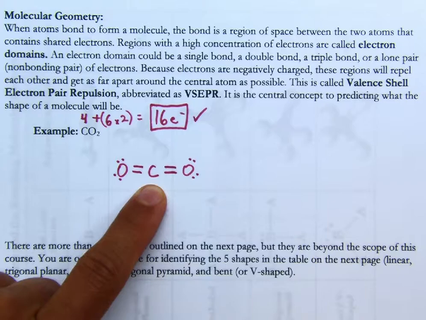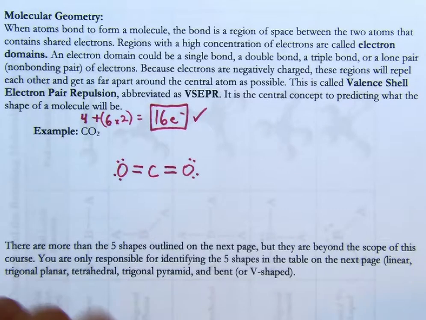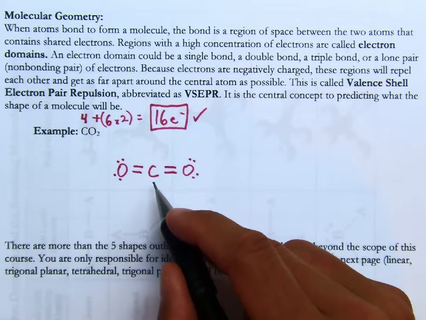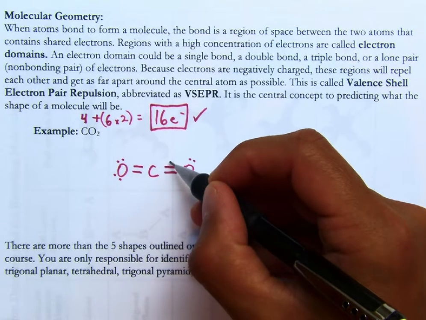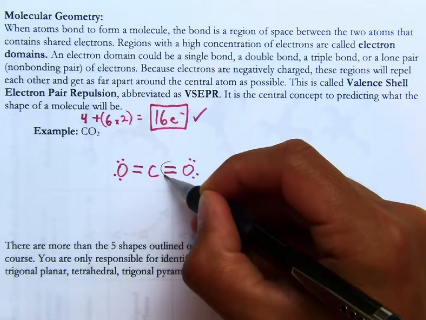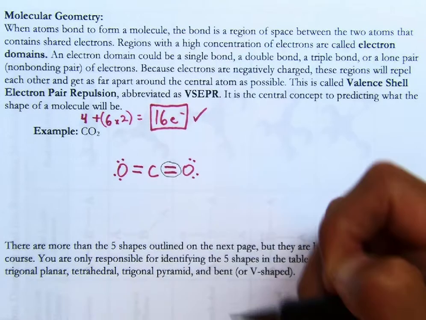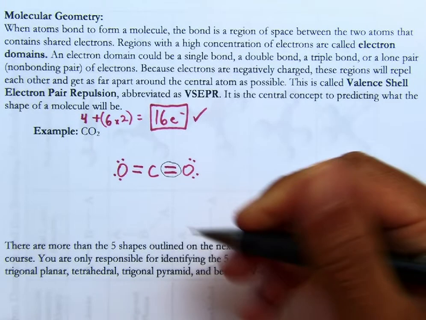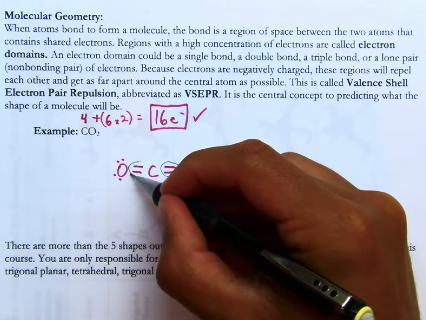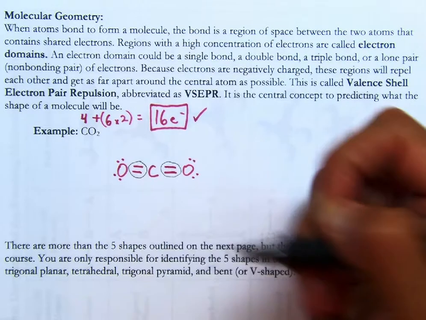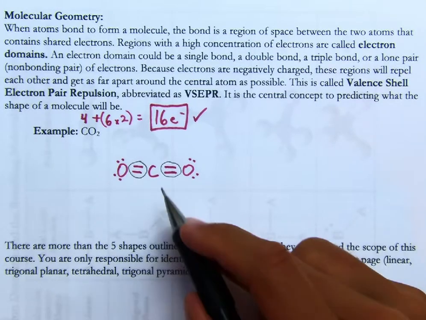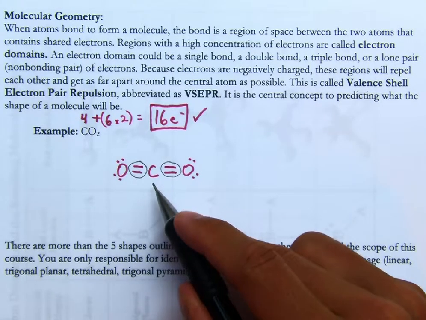As we said earlier, an electron domain could be a single bond, a double bond, a triple bond, or a lone pair, but it's all about the central atom. So this double bond is one electron domain, and this is another electron domain. So there are two electron domains around the central atom.